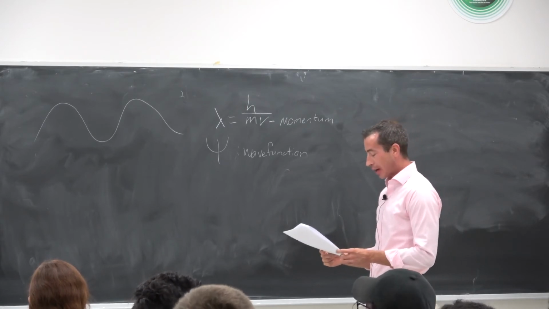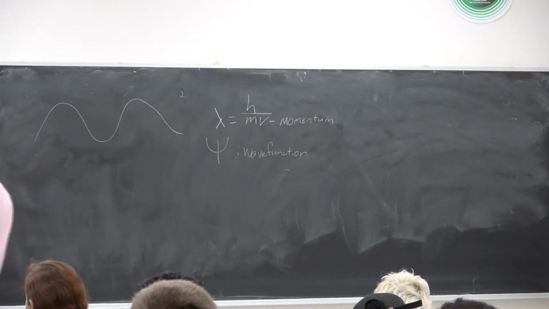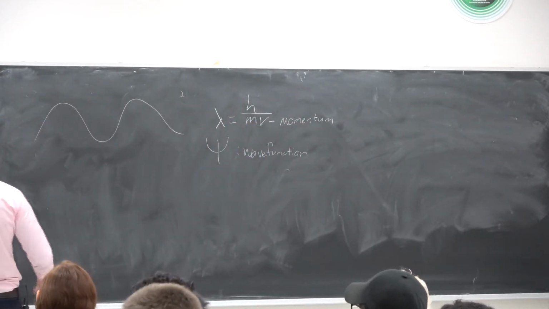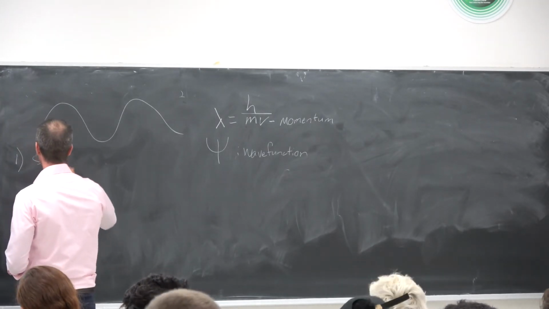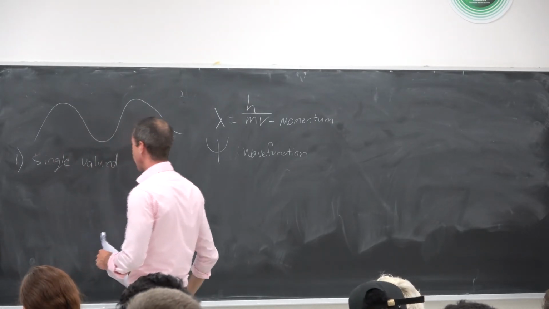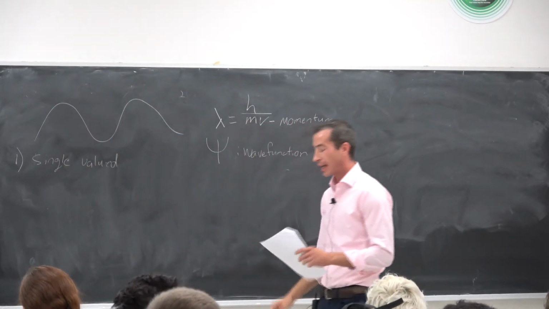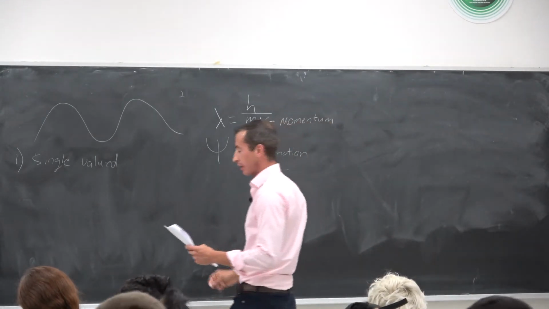So let's think about some of the features of a wave function. The first is that it is single valued. And so what does that mean? That the electron can't be in two places at the same time, right?